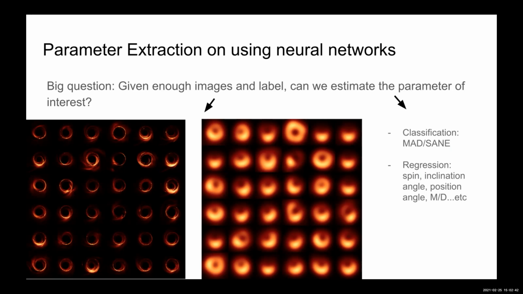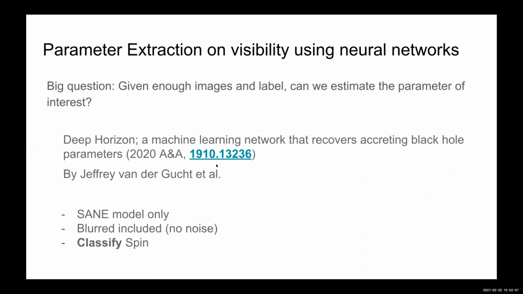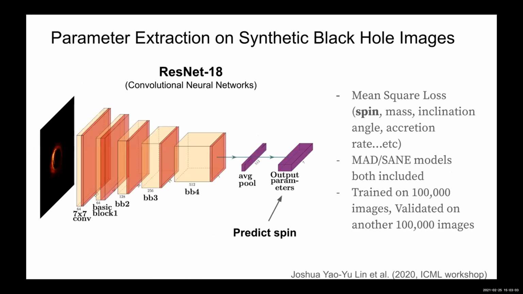Due to time, I'm going to focus on the high resolutions of our simulation in this talk. Obviously, I want to give huge credit to a really nice paper called Deep Horizon, led by Jeffrey van der Gucht et al., which used similar neural network techniques to classify spin. This is sort of an extension of their work.